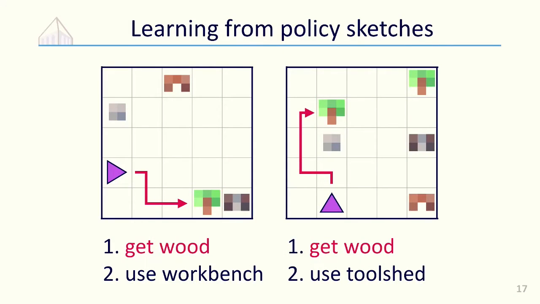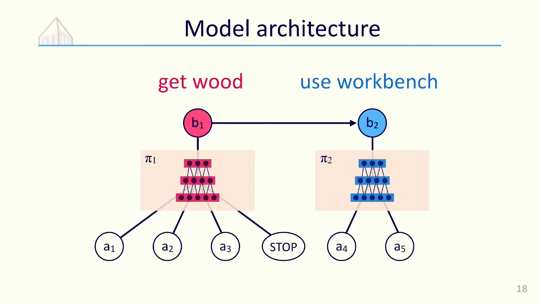So let's talk about the details of how this is actually going to work. How are we going to use sketches like we have drawn on the bottom of the screen here to learn faster and to learn reusable pieces of policies? Structurally, we're going to do something really very simple. For every one of these high-level action symbols that appears in one of the sketches that we get at training time, we're going to associate that high-level action symbol with some kind of modular sub-policy.